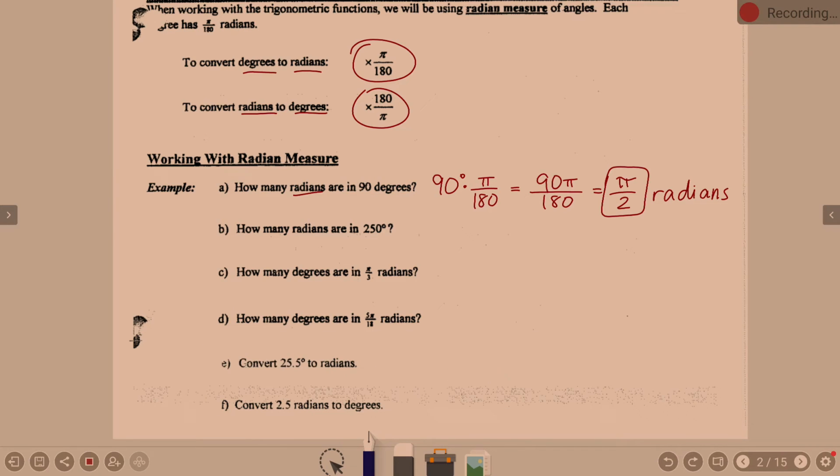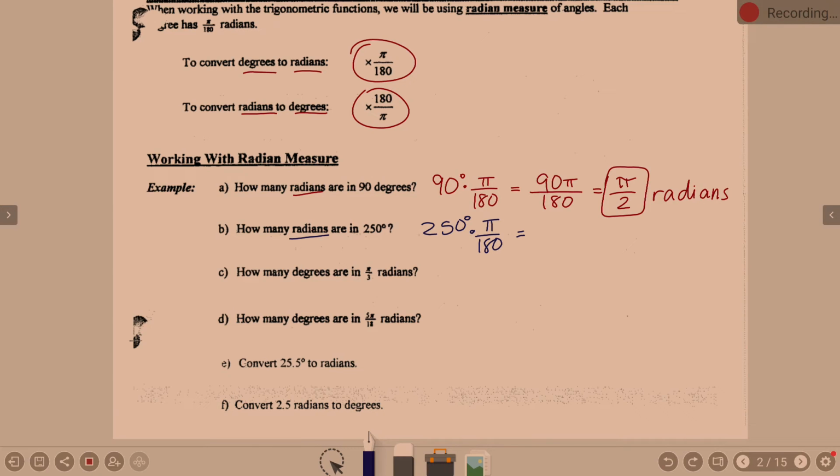How many radians are in 250 degrees? So what am I going to do? 250 degrees times pi over 180.